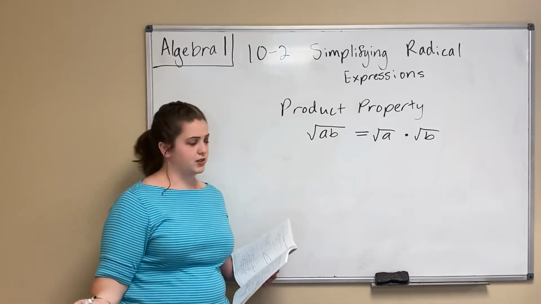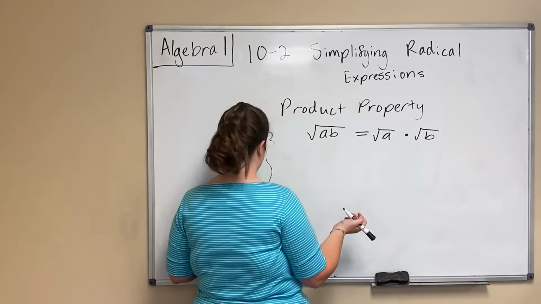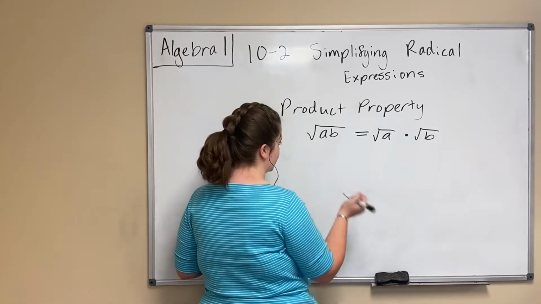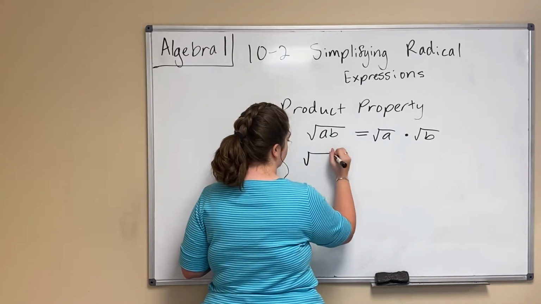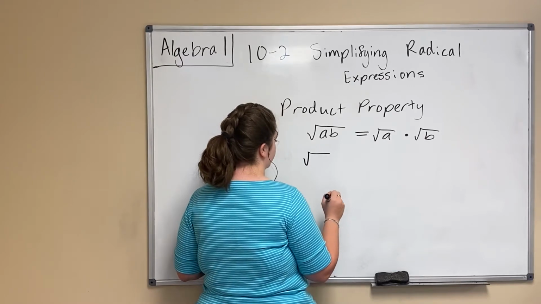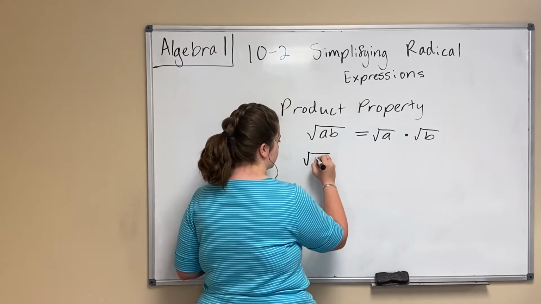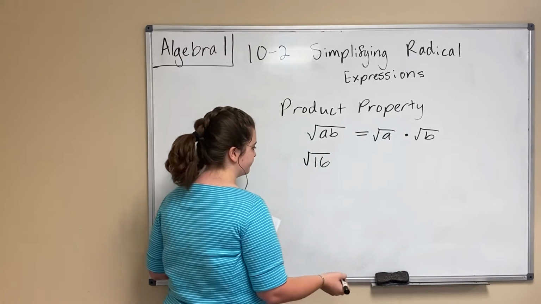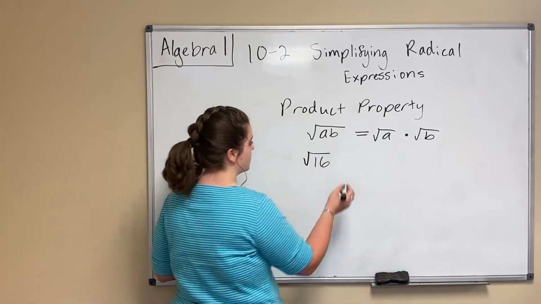So to put numbers in there, say I had the square root of 16, we know that that's 4, right?